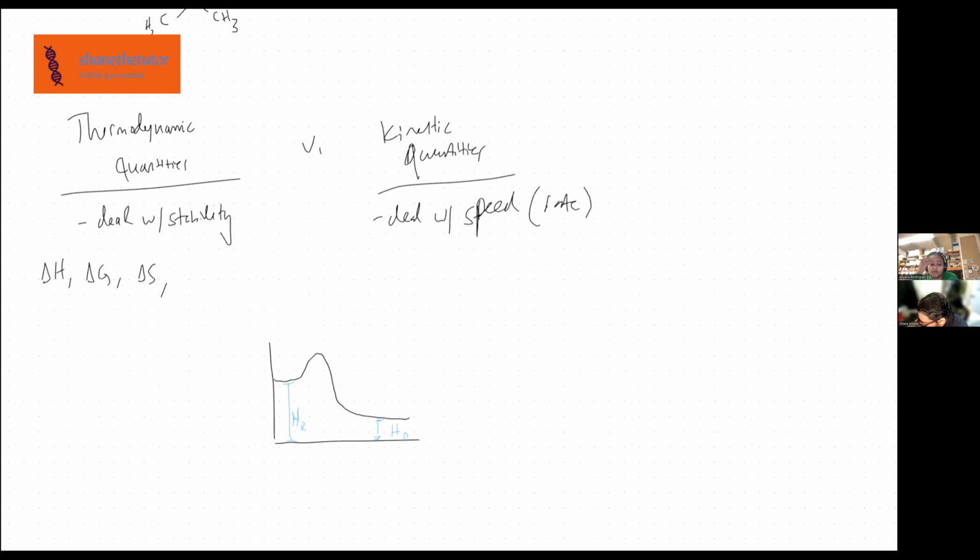And this is the difference between the two, and that will be delta H of the reaction, right? So everything I've just named right now are thermodynamic quantities. Now, what's this over here?